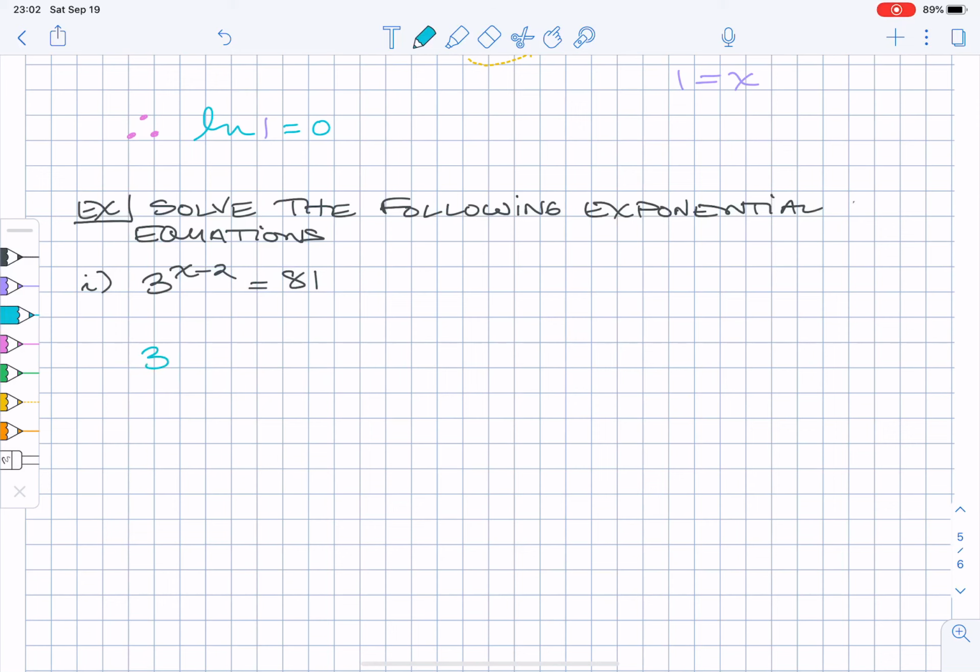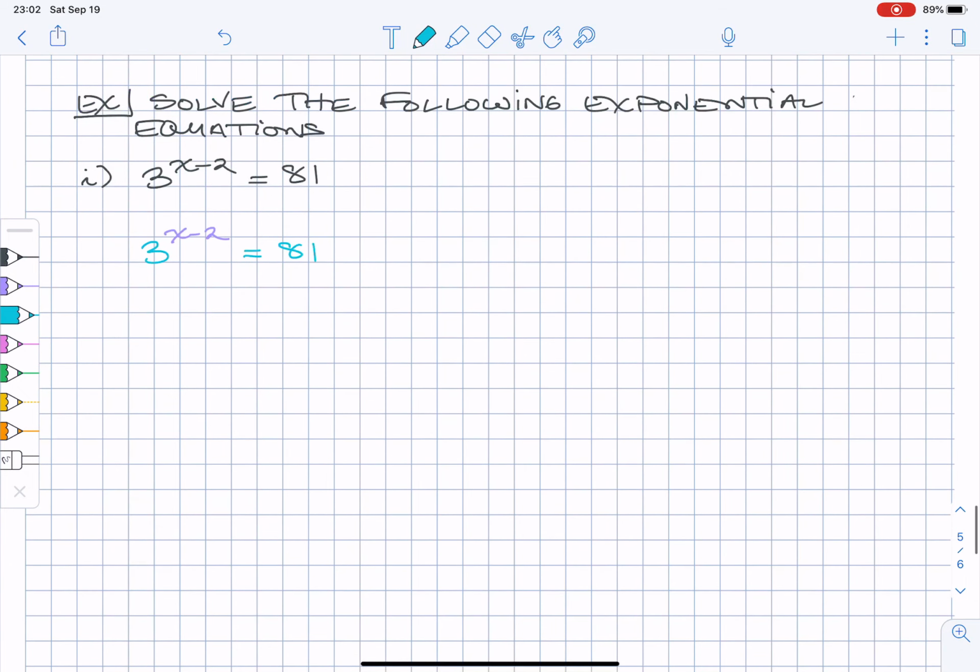So the goal is to get the same base on either side. Well, at the very least, I know that 81 is 9 squared, right? But I know that 9 is 3 squared.